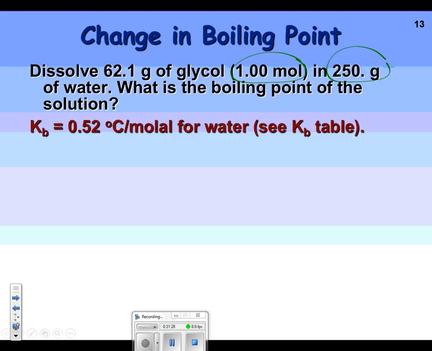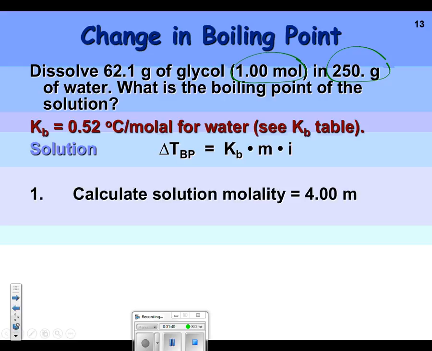I can look up my KB, which we just did. I know the equation. Those are some things that I need to make sure I've got. And then I've got to calculate molality. To do that, I've got to change that to kilograms, which he just said. And I take moles divided by kilograms, and I get 4. So 1 divided by 0.25 is 4.